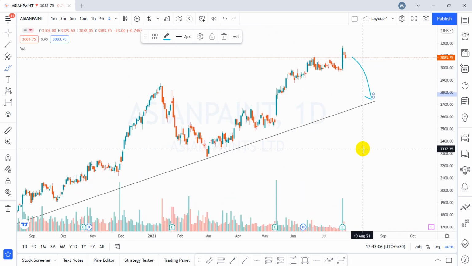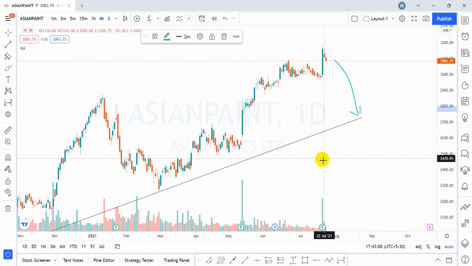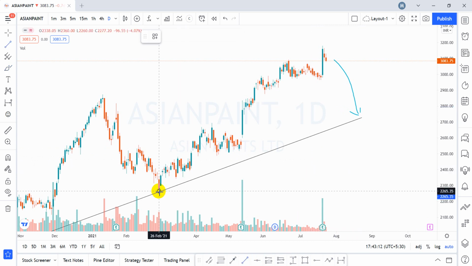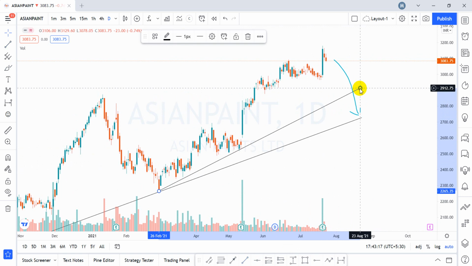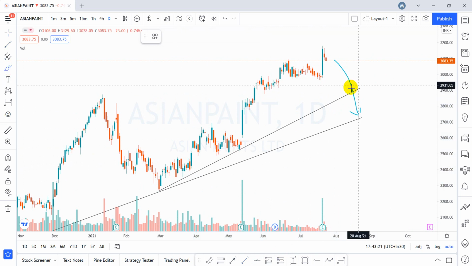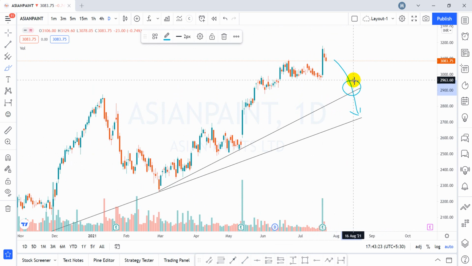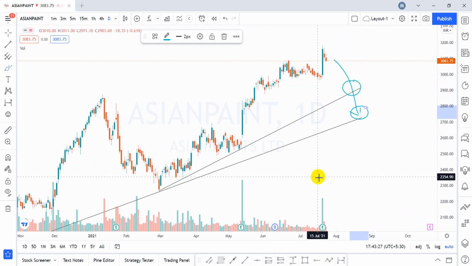But if you are an aggressive trader, you can use the slightly upward sloping trend line which has been exhibited in the recent days, this one. So you can take an entry when the stock price reaches this area or that area, depending on how conservative or aggressive you are as a trader.